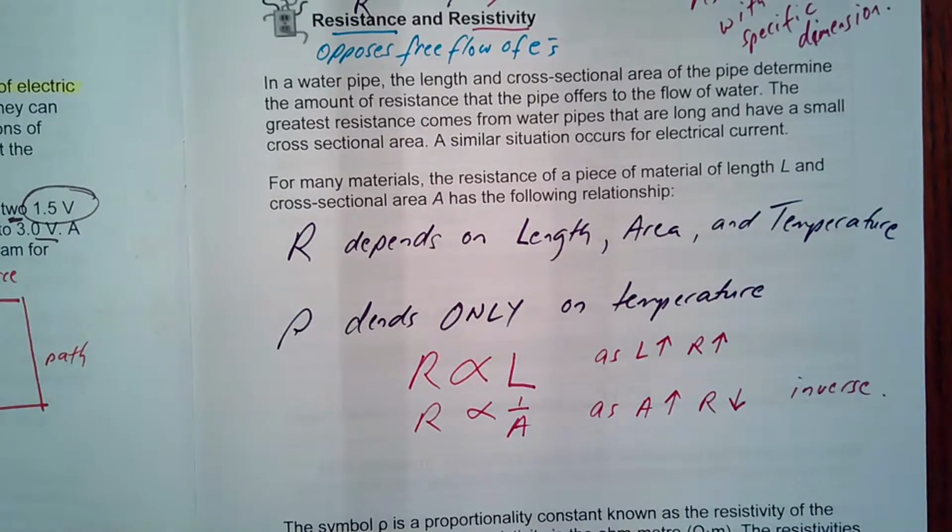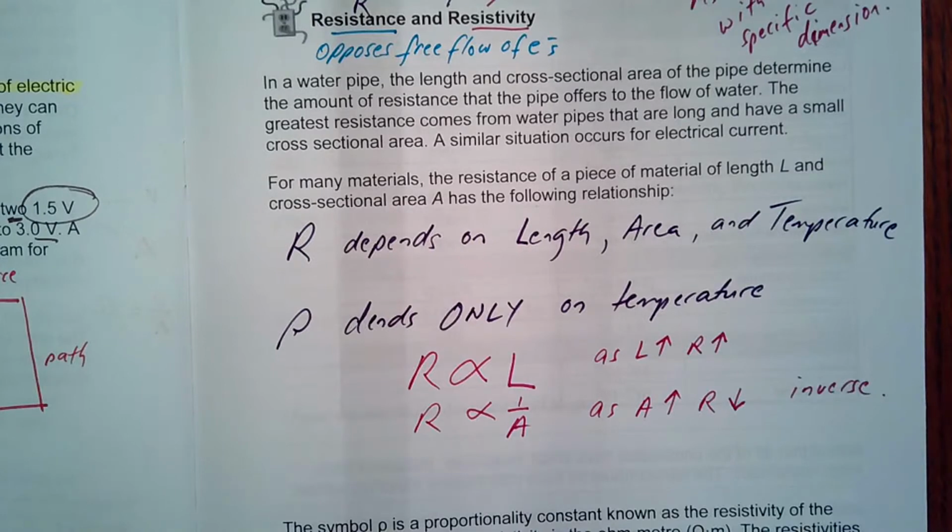So for example, if you have a wire and it is smaller, it's narrower, and it's not as thick, the resistance would actually be higher. So that is why, again, if you're using high power, high voltage appliances, you want to make sure that you're using a thicker diameter, thicker cross-sectional area of that wire.